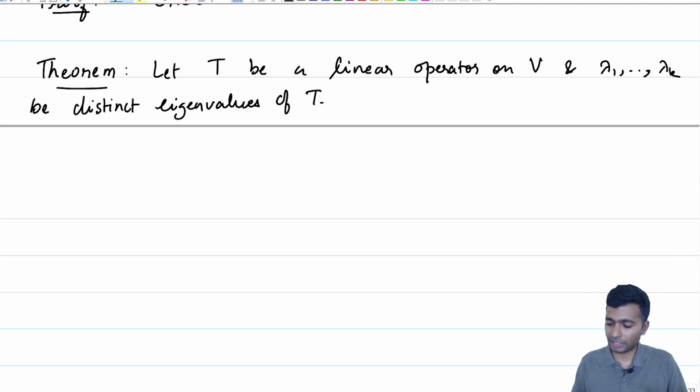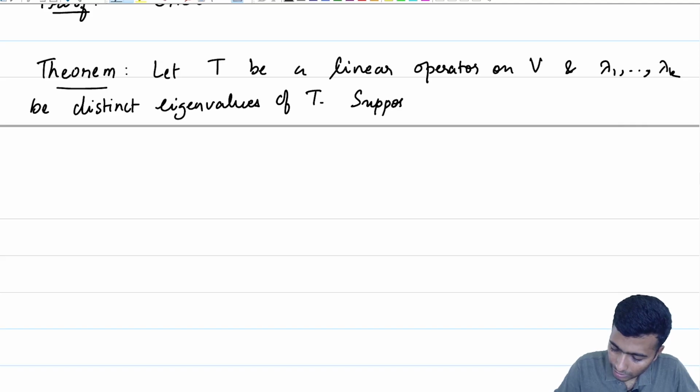K could be strictly less than n. There needn't be n distinct eigenvalues. If it has n distinct eigenvalues, then we already know that it is diagonalizable and we don't need to do any of these things. In fact, the interesting case comes when k is strictly less than n in whatever we are doing right now.